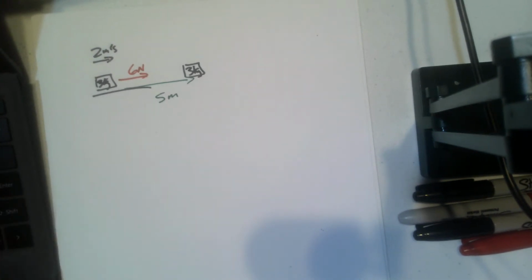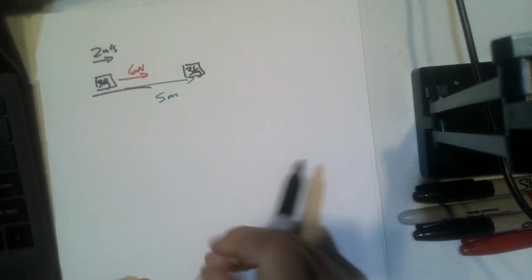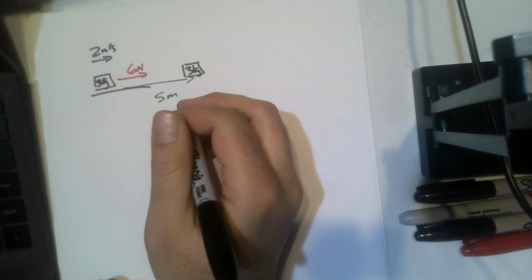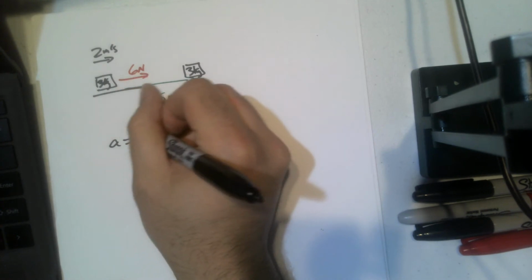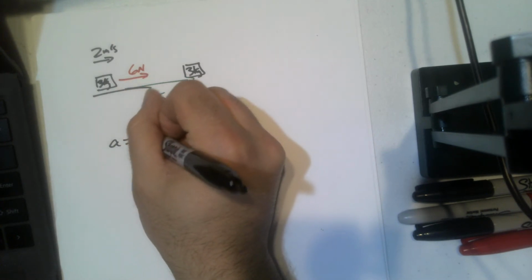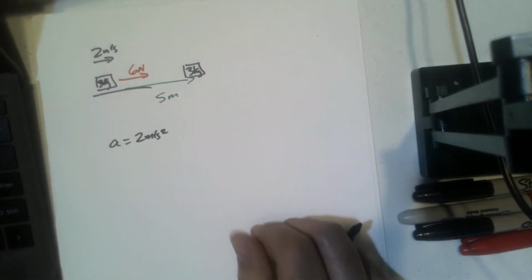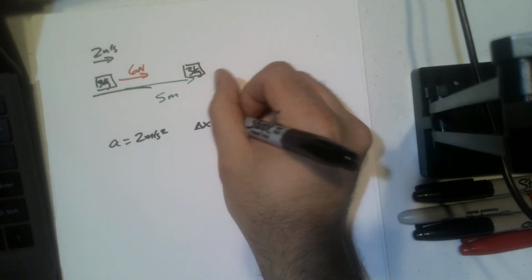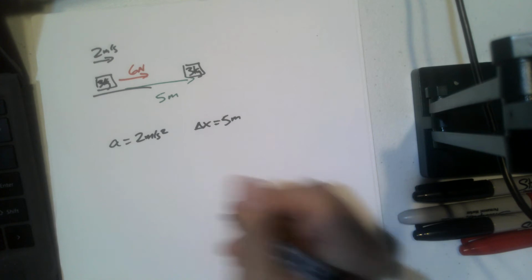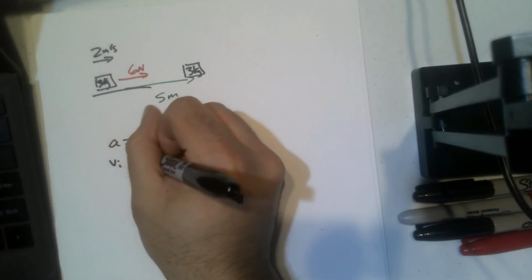Now let's look at this from an old perspective. If we have a 6 Newton force on a 3 kilogram object, that's pretty easy to see if you use Newton's second law, that the acceleration would end up being 2 meters per second squared. And we're doing this over a distance of 5 meters, and our initial velocity is 2 meters per second.